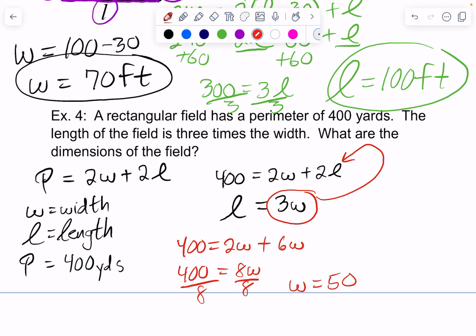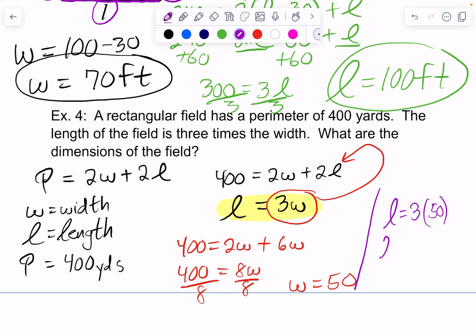All right. And now, what do we do with that information? Well, we can plug it into the length equation that we created and find the length. So the length here is going to equal 3 times the width of 50.